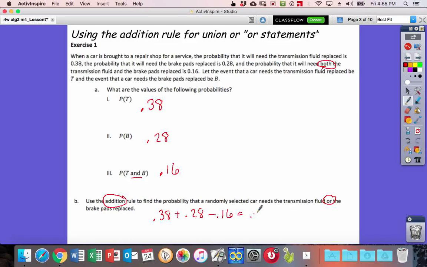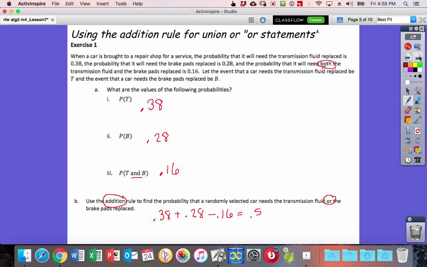Let me get my calculator real quick. And you are going to get 0.5. So that's one of the exercises.